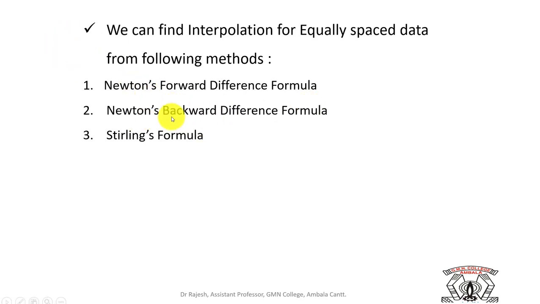The backward formula is used when we are required to find the interpolating value of the function near the end of the table. And this is Stirling formula. These are the central difference formulae, so we will be studying them later. Along with this, there are Bessel's formula and Abbott's formula. We will discuss them later when we reach that stage. As of now, we are mainly concentrating on these three interpolation formulae for equally spaced data.